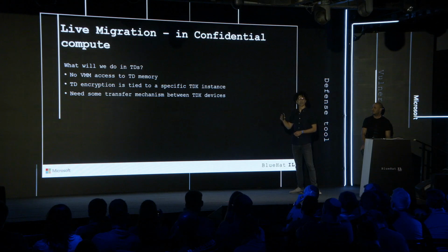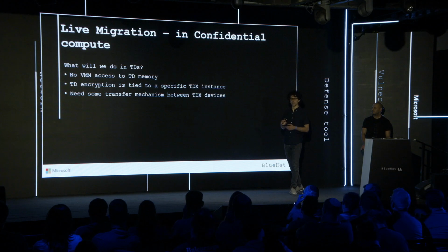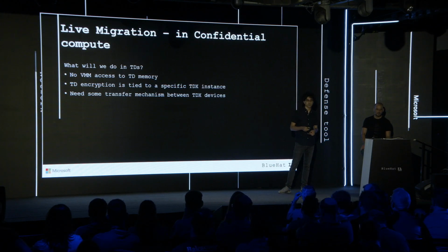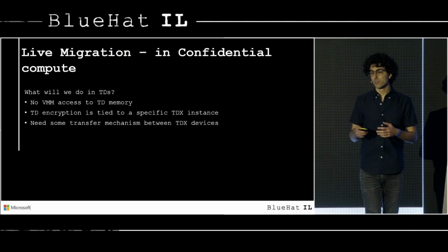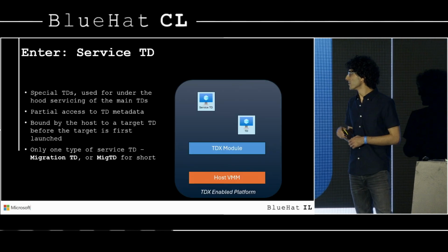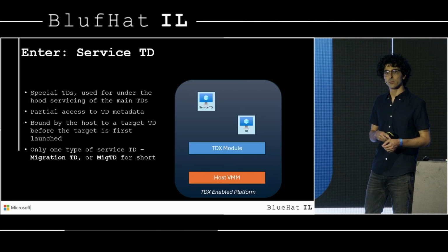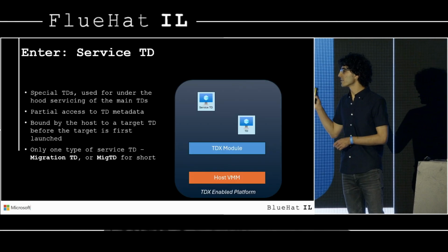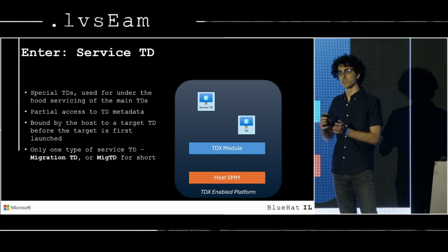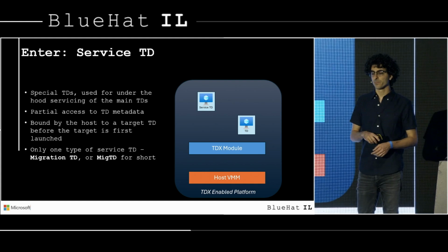So Intel needed some new type of mechanism, a transfer mechanism, to be able to send that information to the destination device. For that reason, Intel introduced a new type of TD, of confidential VM, called service TD. As the name suggests, it's supposed to be used for servicing other main TDs.